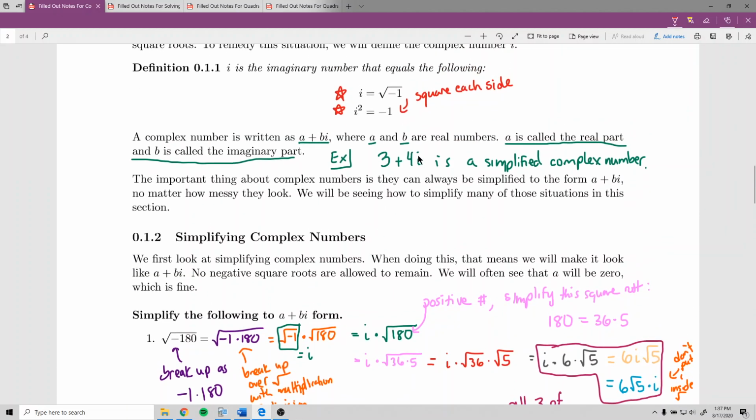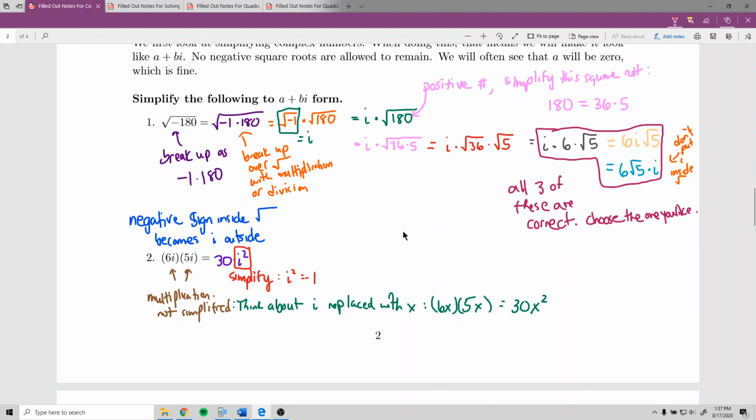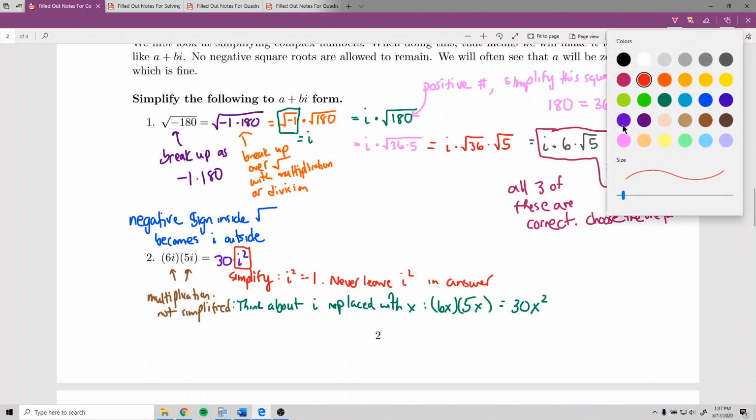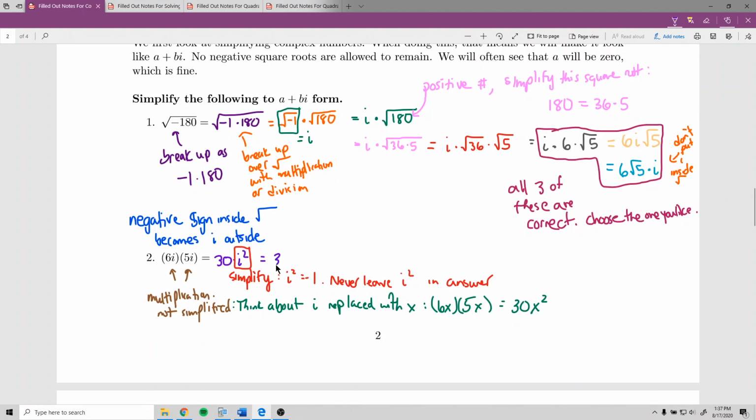That's one of the 2 ways we like to think about it above. i squared is -1. Never leave an i squared in the answer. All right, so let's go ahead and plug that in. We got 30 times -1, which is -30. And that's it.